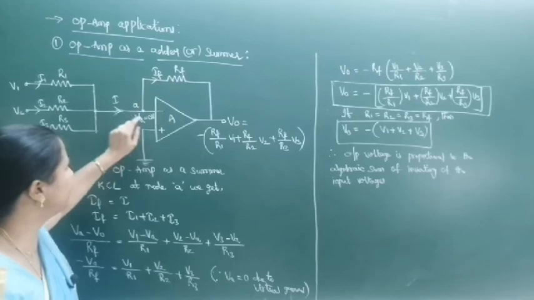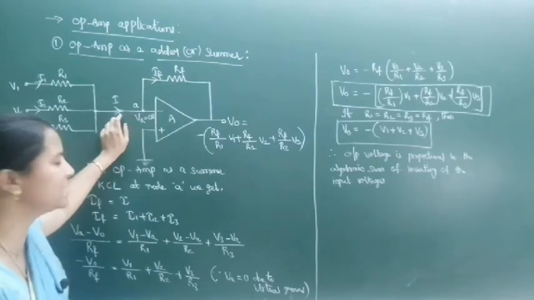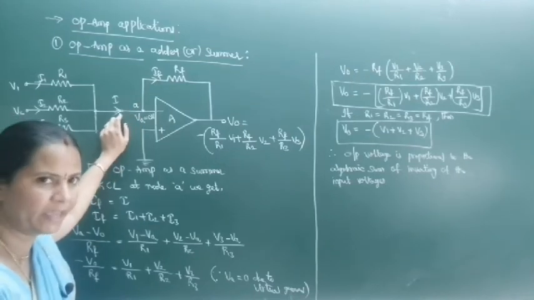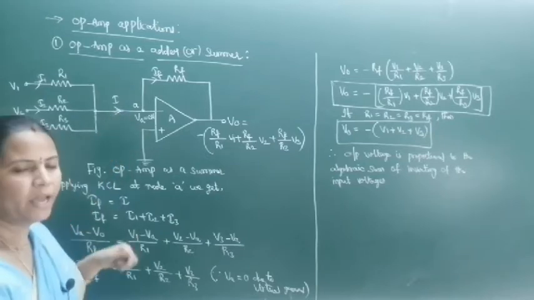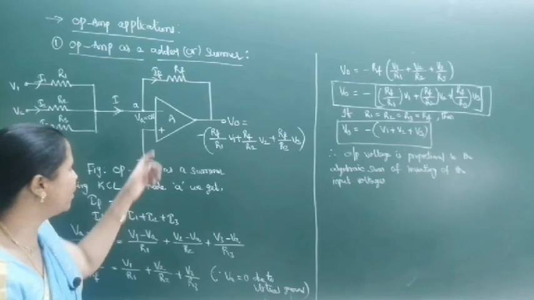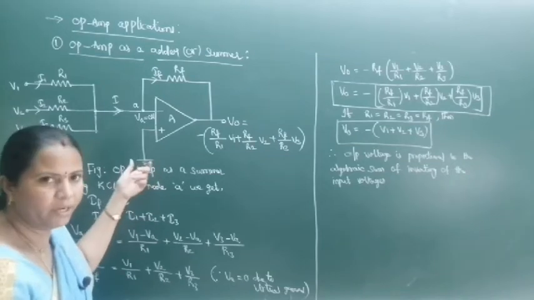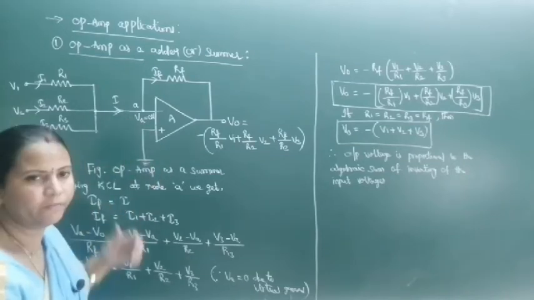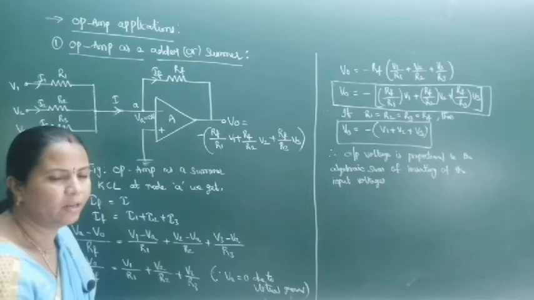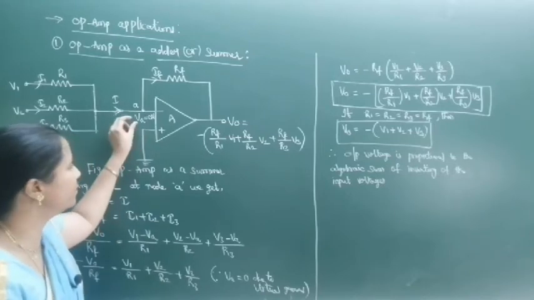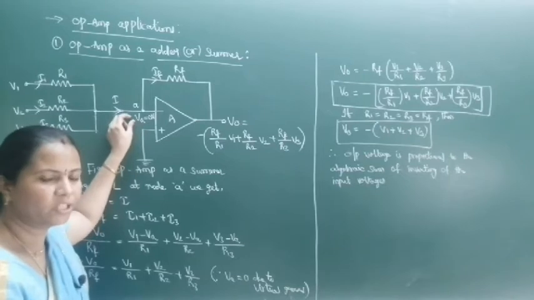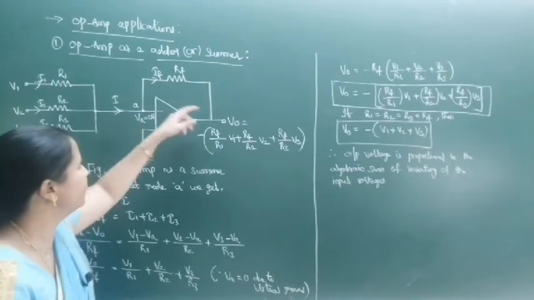At the inverting terminal this is the summing current, indicated by I. And here we have the virtual ground concept. The non-inverting terminal is connected to the ground, which means there is no current flowing through the inverting terminal, and the inverting terminal potential or voltage is equal to the feedback voltage.